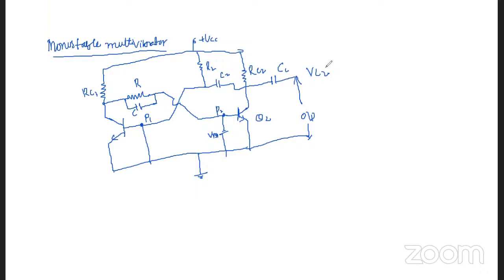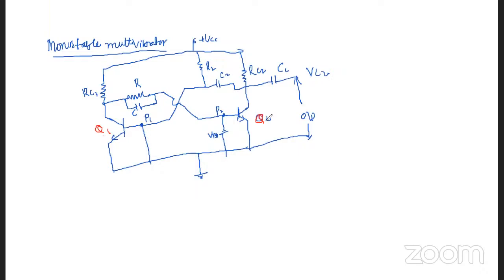It consists of again two identical transistors, Q1 and Q2, with equal collector loads.